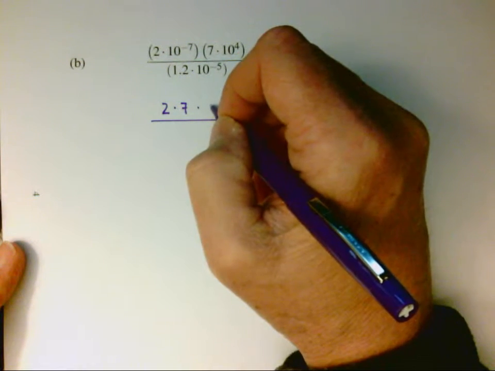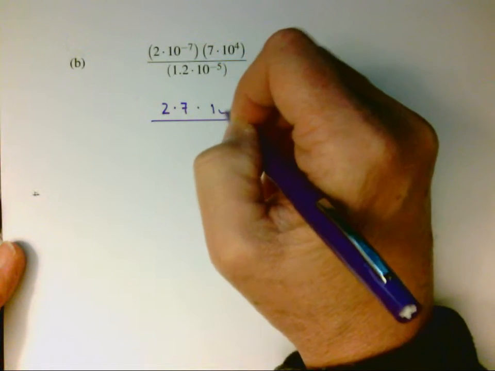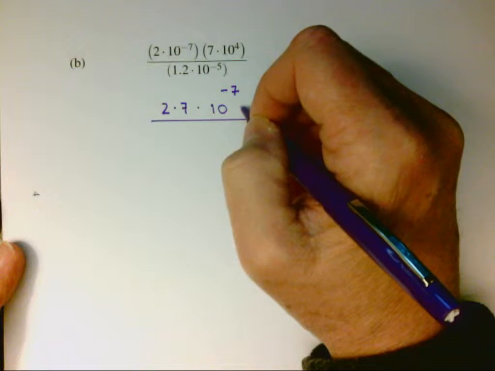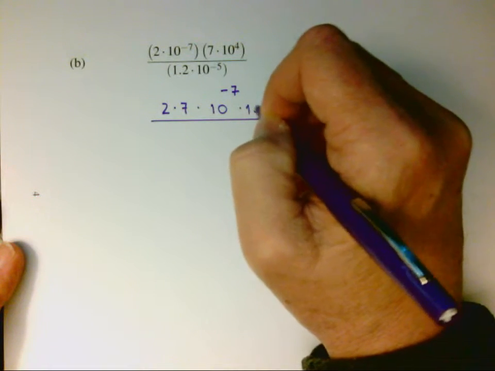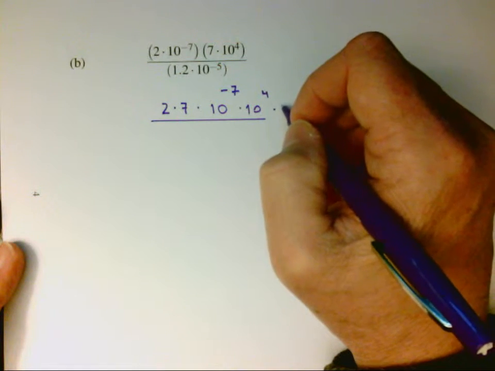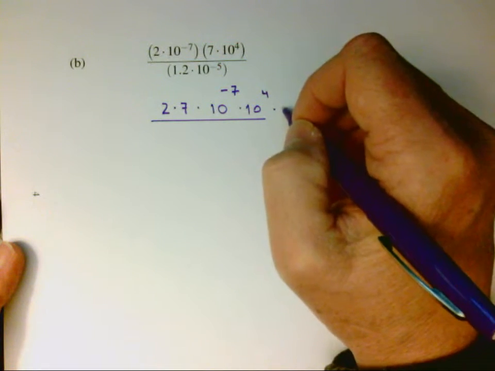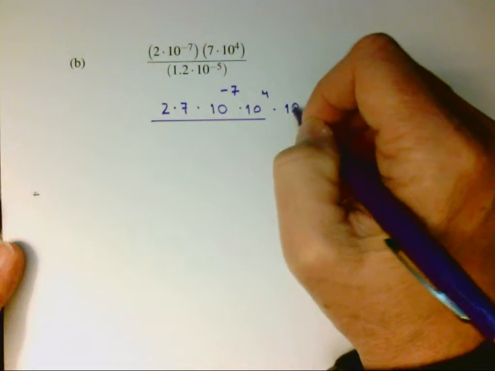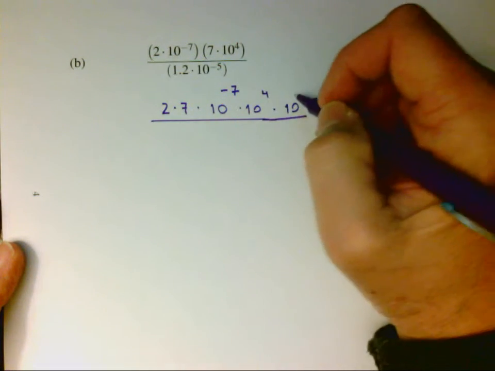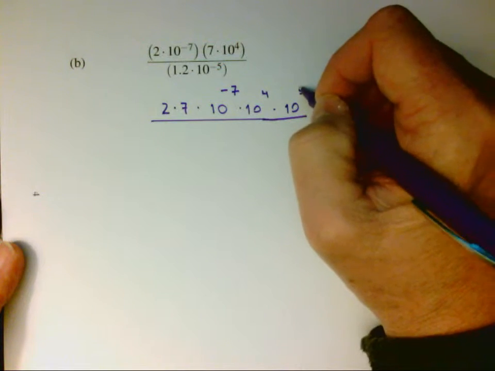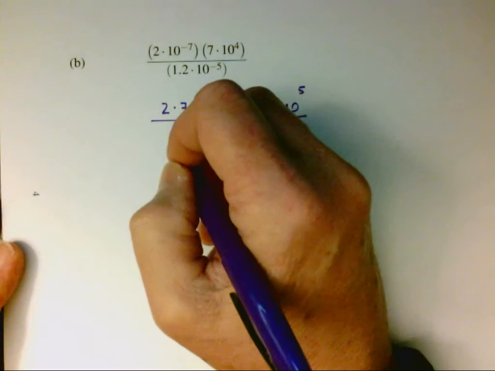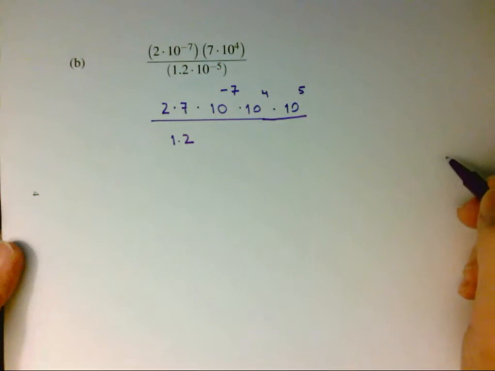Well, we have a 10 to the negative 7 times a 10 to the 4 times a 10. Since I've got the negative 5 on the bottom, that's going to be the same as a positive 5 on top. We're subtracting a negative 5. Then we have a 1.2 down on the bottom.